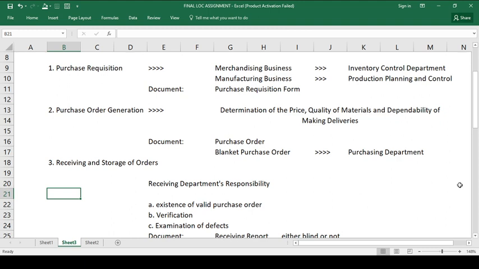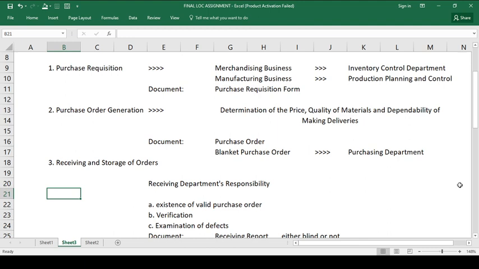Kasi, remember, the valid purchase order is a supplementary, that is a supporting document, or a go signal from the receiving department saying, receive that because that order is authorized. That order is authorized. Okay?